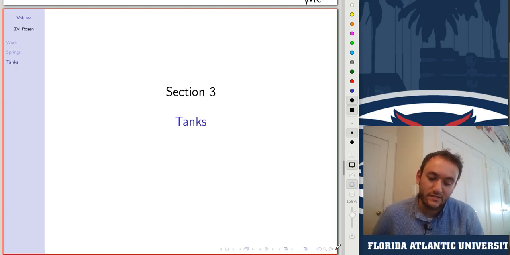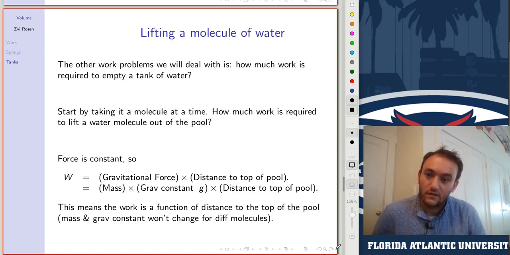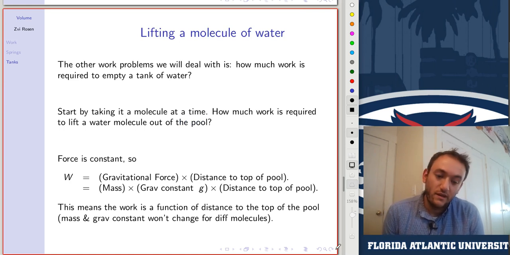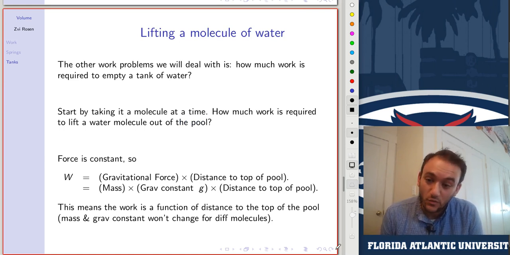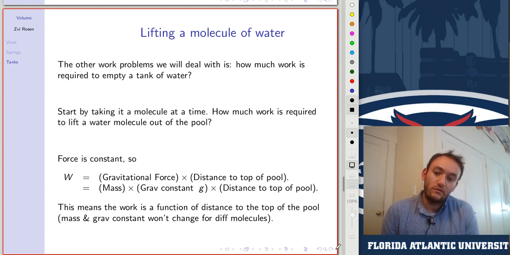Okay, now we can go to our section on tanks and how we can talk about the work done emptying a tank. So we're trying to figure out how much work is required to empty a tank of water. And the way we're going to do this is start by taking it a molecule at a time. How much work is required to lift a water molecule out of the pool? Well, the force due to gravity is constant on the surface of the Earth, or approximately constant.